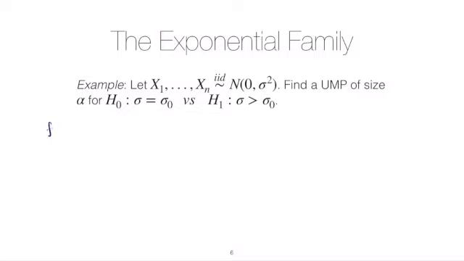It turns out, you may have had this for a homework question, that you can relatively easily factor the joint distribution of the data in the following way: 2 pi sigma squared raised to the negative n over 2, times e raised to the negative 1 over 2 sigma squared times the sum of the xi squared.